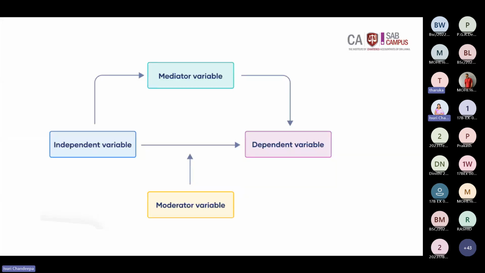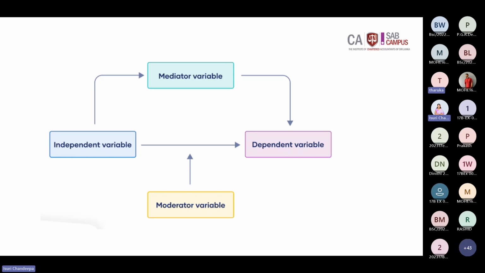So this is how you can do it. If you remove the moderator part here, this is a conceptual diagram where we are including the moderator, mediator, and the independent and the dependent variable. Next one, we'll identify what you mean by the control variable and where you can place the control variable.